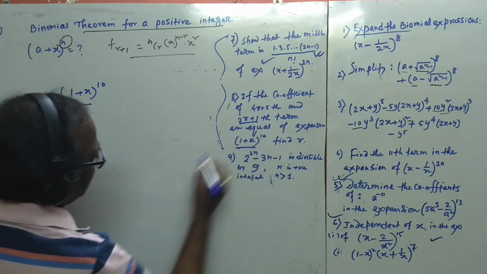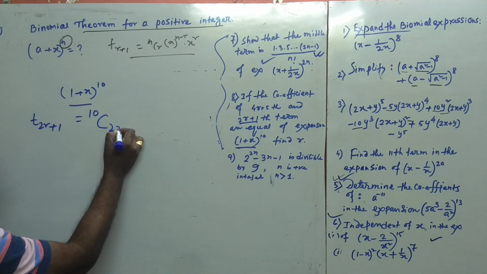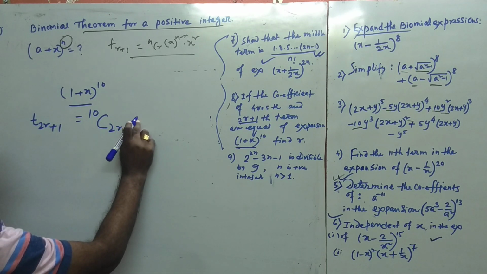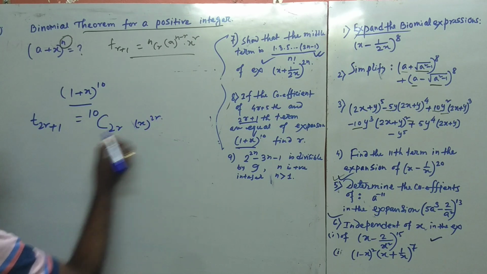This is 2r plus 1. That is 10cr, that is 2r, and 1 to the power something means 1, and x to the power 2r.